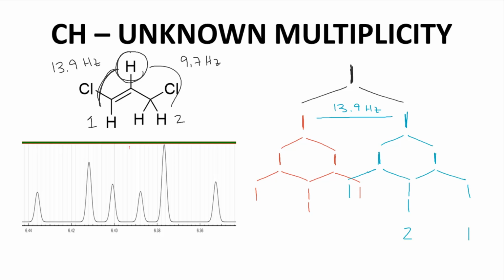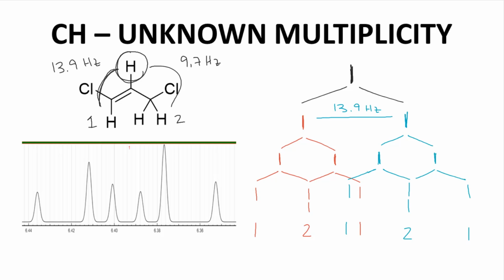1, 2, 1, 1, 2, 1. Although 6 peaks, this is not a sextet because a sextet would be 1, 5, 10, 10, 5, 1 based on Pascal's triangle. This 6-peak pattern does not fit with Pascal's triangle.